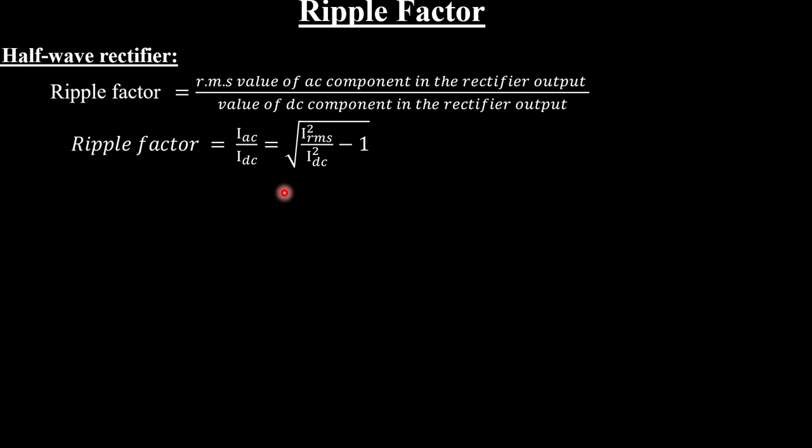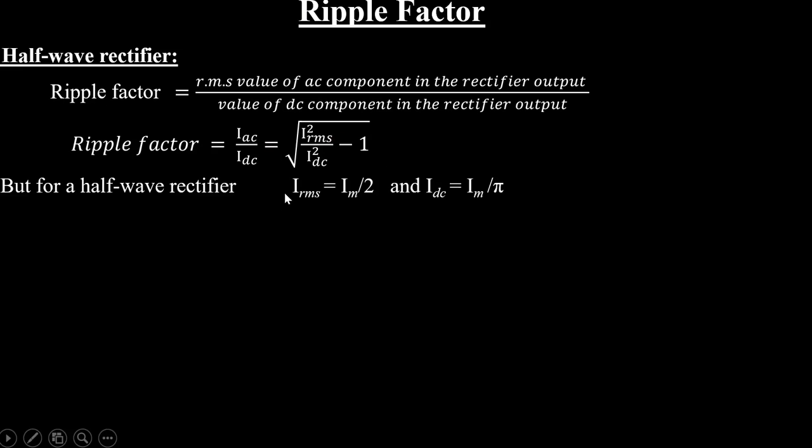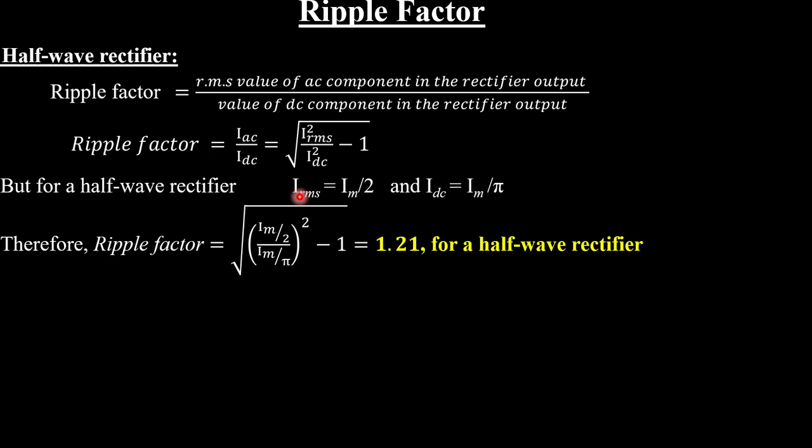But for a half wave rectifier, we know the expression for IRMS is Im by 2, and IDC is equal to Im by pi. So if we substitute this IRMS and IDC in the above expression, our ripple factor is equal to the square root of (Im by 2 divided by Im by pi) all square minus 1, which, if you do this calculation numerically, comes out to be 1.21 for a half wave rectifier.